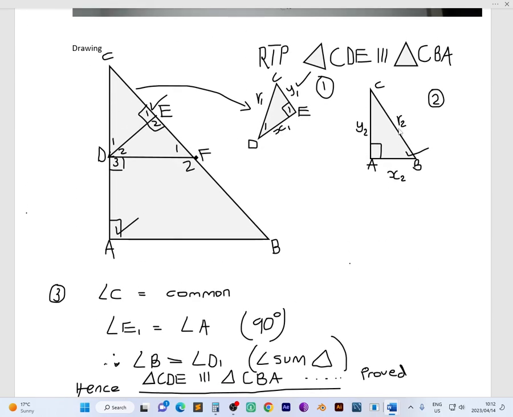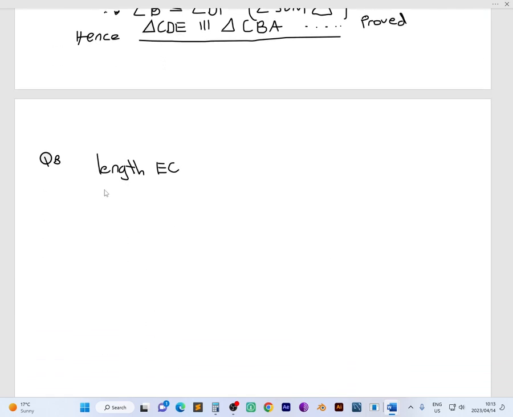We know that BC is given as 40, that is R2, and then we have DC given as 18. And then let's just write the information.